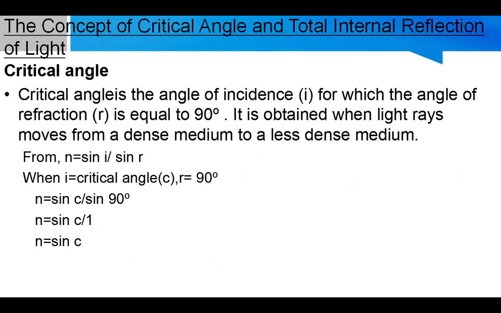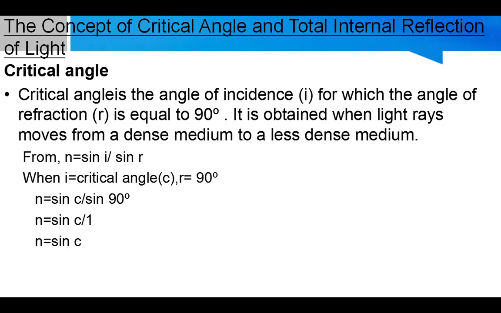Let's see the concept of the critical angle and the total internal reflection of light. The critical angle is the angle of incidence for which the angle of refraction is equal to 90 degrees. It is obtained when the light ray moves from a dense medium to a less dense medium.